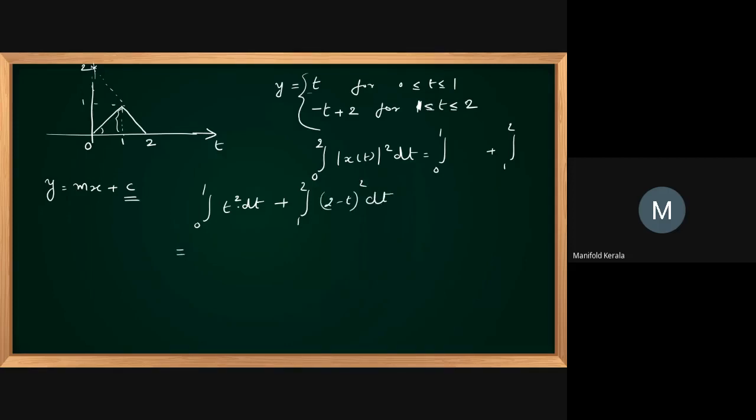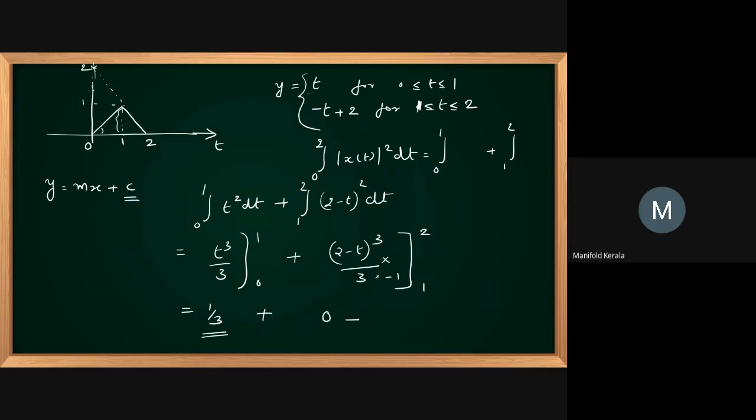Correct? So if I integrate this, it becomes t cubed by 3 with limits 0 to 1, plus (2 minus t) whole cubed by 3, divided by minus 1 because this is minus t, not t. That limit I need to apply from 2 to 1, correct? So what will be the answer? Here it will be 1 cubed by 3, so 1 by 3. Plus, if I put t equal to 2, that will be 0.